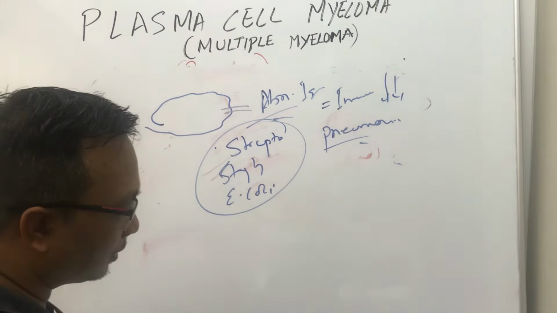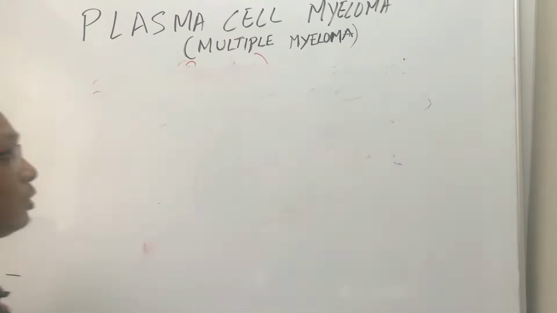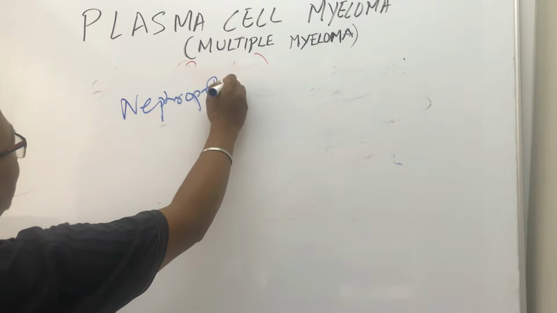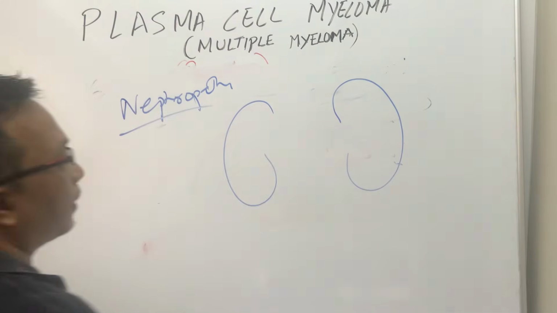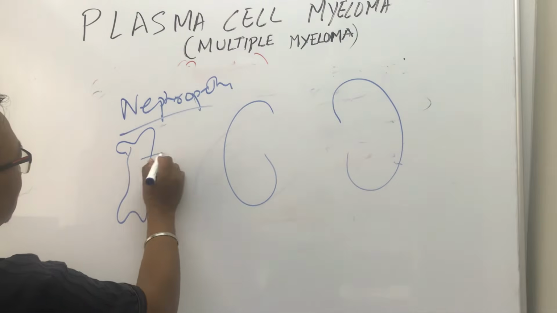Another factor is, not uncommon but very common, nephropathy, kidney damage. Remember how the kidneys are damaged. What happens in the bone?